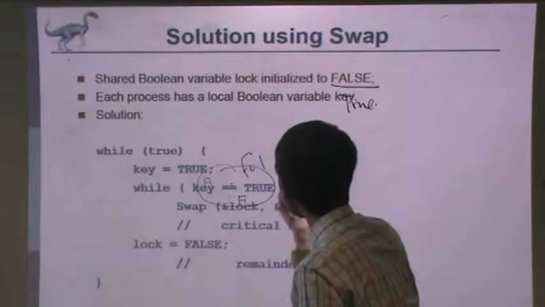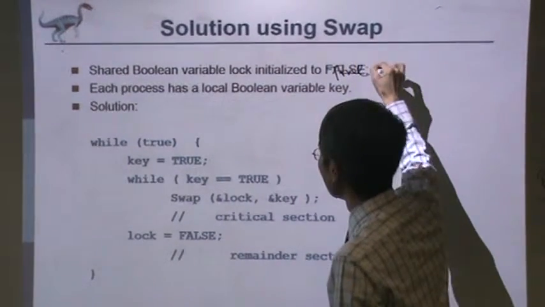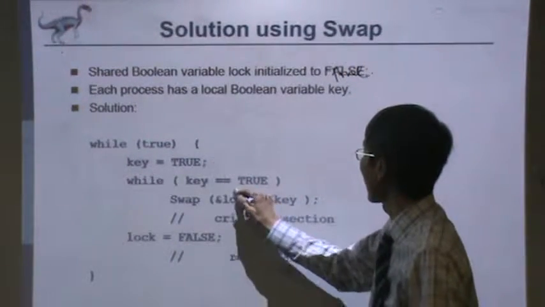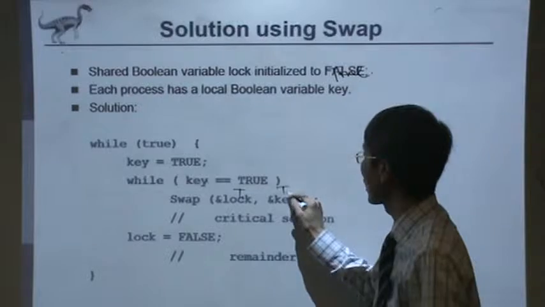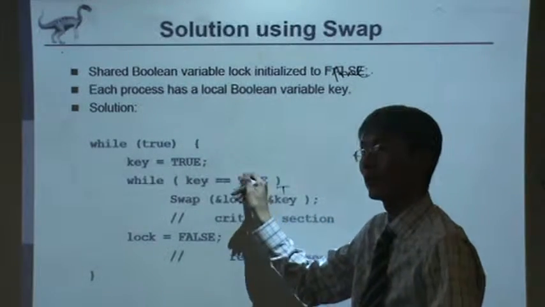However, if somebody already got the lock, which means it is true, then key is true and lock is true, so even though you swap, it's still true. So you cannot enter.